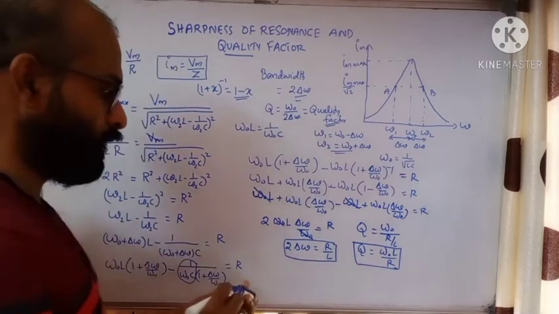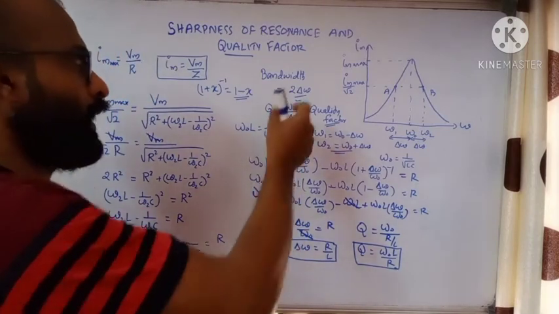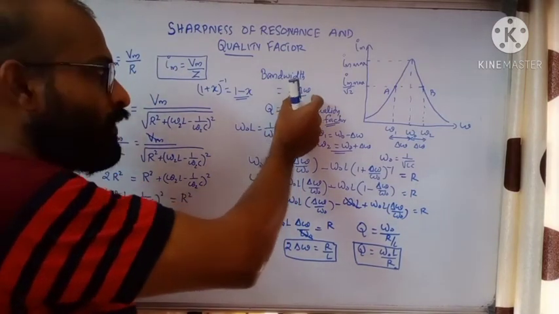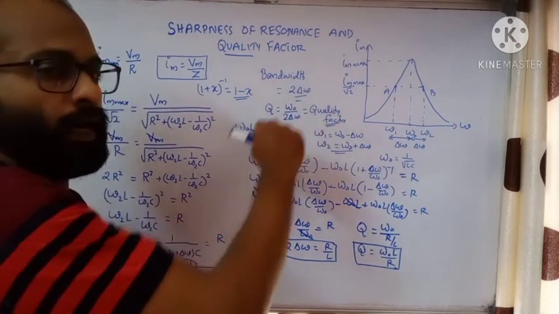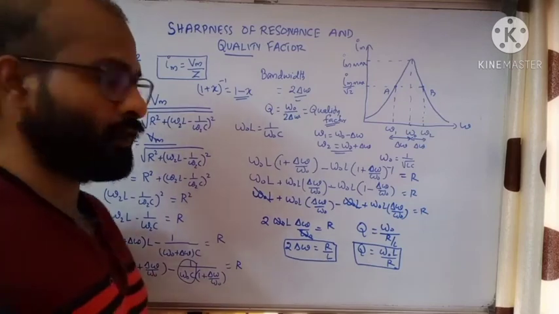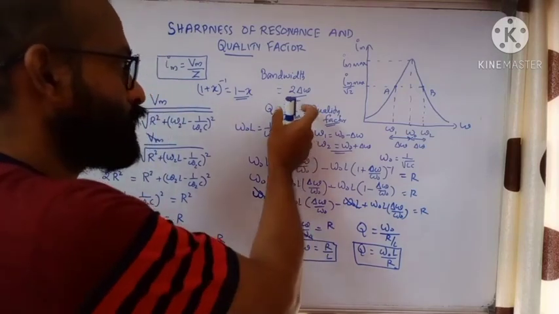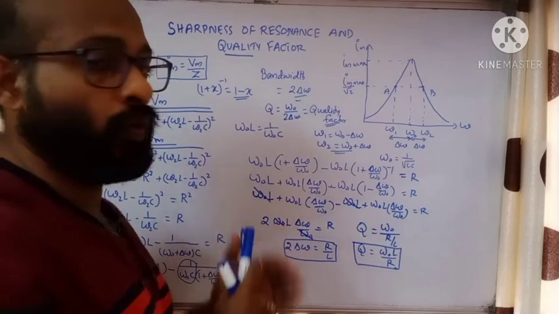See, actually, bandwidth should be as small as possible. When bandwidth becomes small, what about the quality factor? The quality factor should be large. If the quality factor of the circuit is large, the bandwidth will be small. We can say it is more sharp.